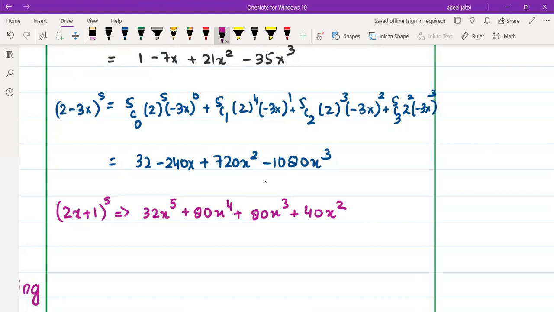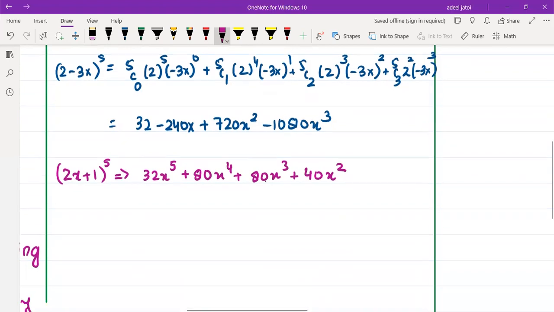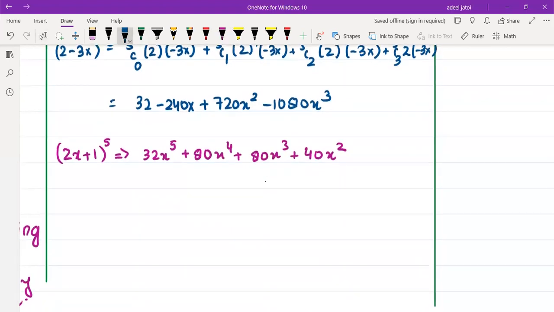So in this case, if a question is given, you can directly write it as (1 + 2x), then the power will always be in ascending order, because x will be in part of b. Similarly, if we have (3x - 2), again looking at the question, I can see that I will be getting a descending order answer, because x is in the a.